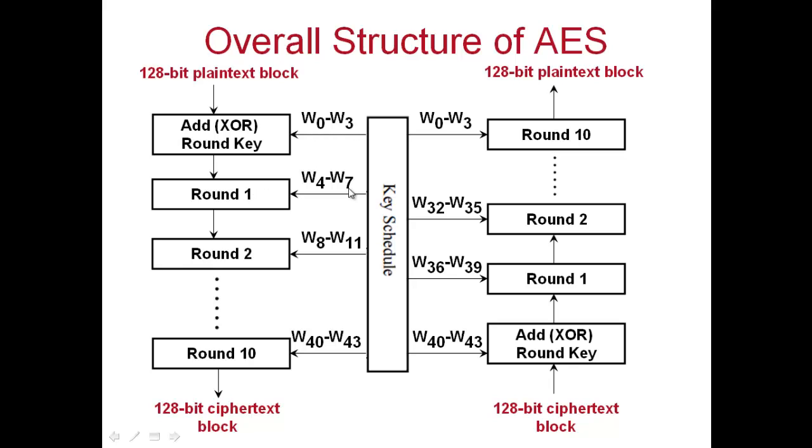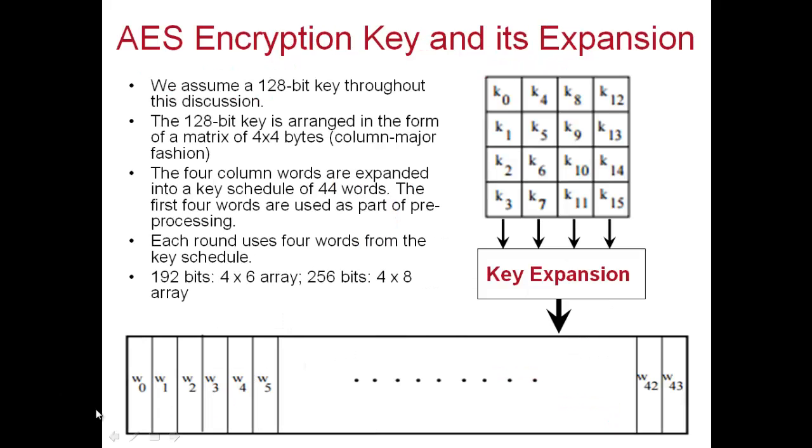Then round 1 will take the next 4 words, then round 2 will take the next 4 words, and so on. Round 10 will use the last 4 words of this key schedule. So that's where the 4-word key is expanded into the key schedule, which for the 128-bit key is going to be 44 words.